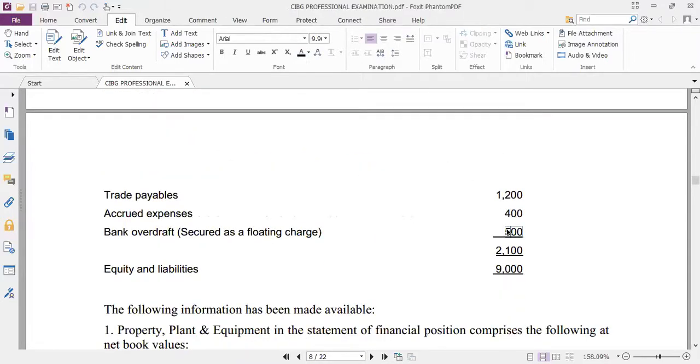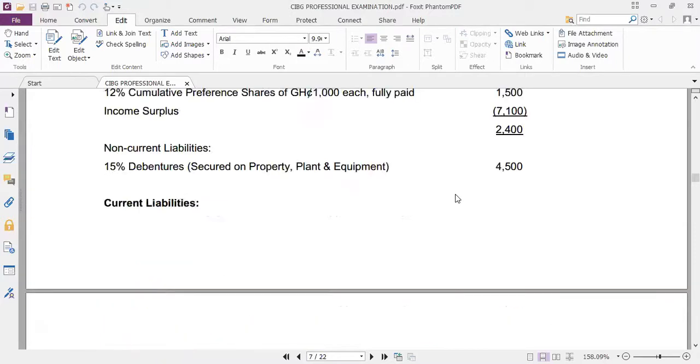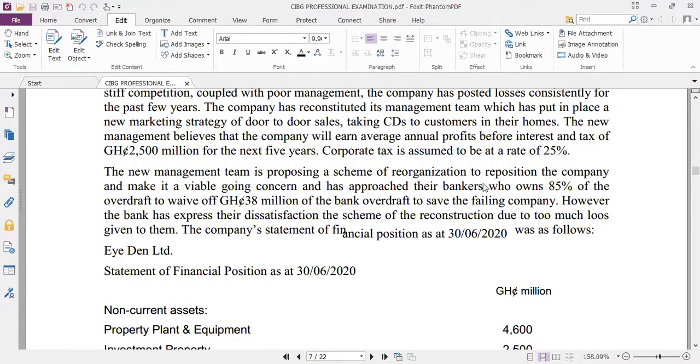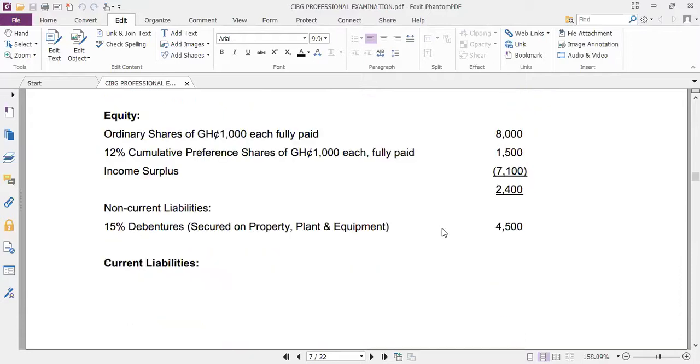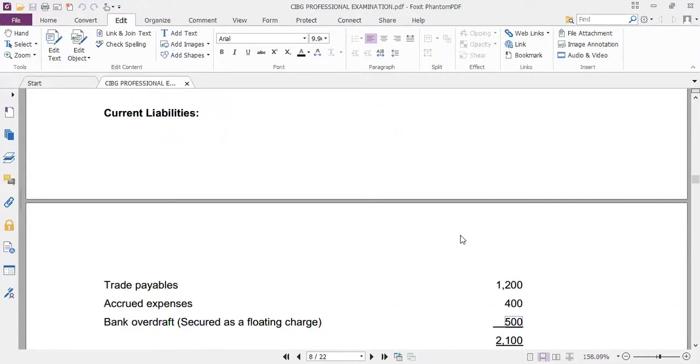This 500 you see here is with Natural Bank, the name of the bank. So the company has approached their bankers, Natural Bank, who are owed 85% of the overdraft. Now the overdraft is how much? 500, right?